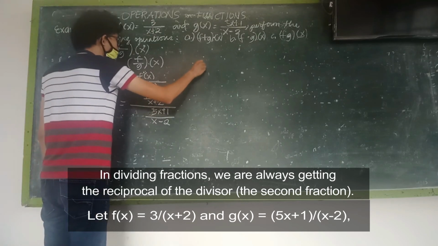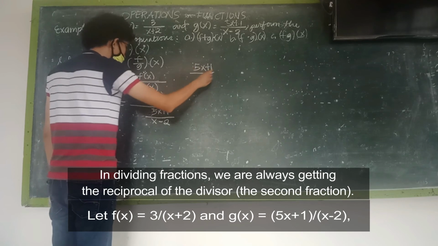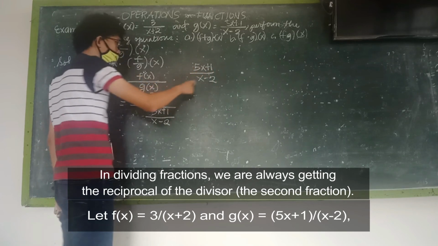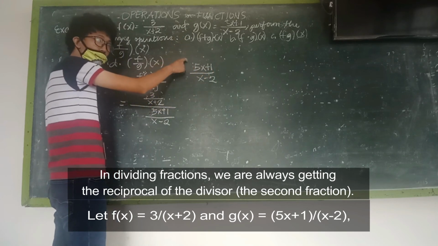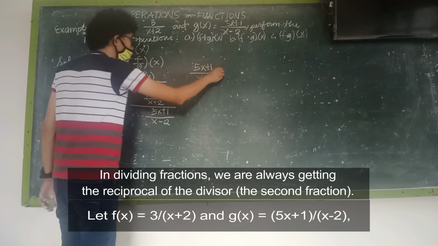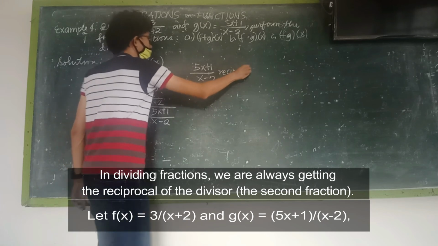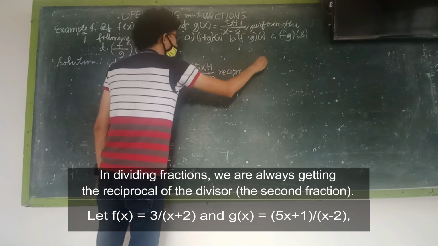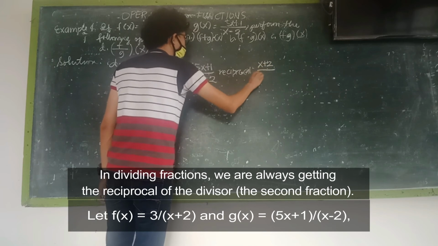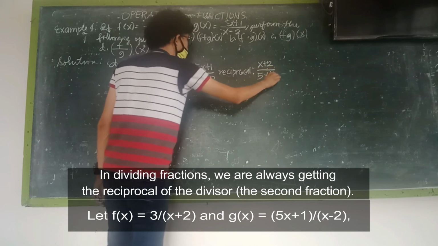Ang reciprocal nito, may swapping tayo of positions. Yung denominator magiging numerator, ang numerator magiging denominator. So, ang reciprocal nito is x minus 2 all over 5x plus 1.